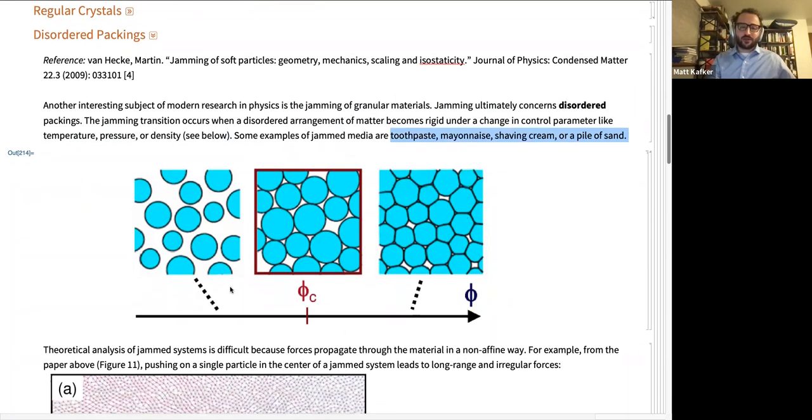If you look at this figure, if we increase the volume fraction of these deformable soft sphere-like objects, at a certain point they're not touching, then there's a phase transition which occurs when the average number of contacts between the particles transitions from being zero discontinuously to being non-zero. And then as you continue to increase the density, these things start to deform and push against one another. And interesting physics exists at this phase transition.